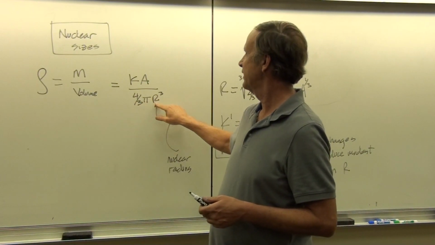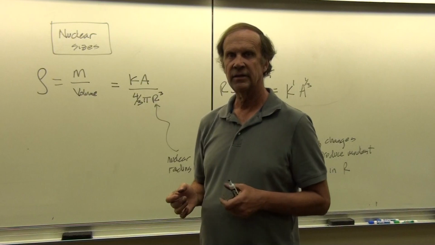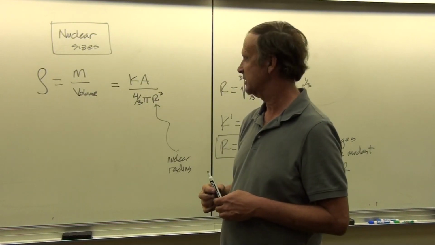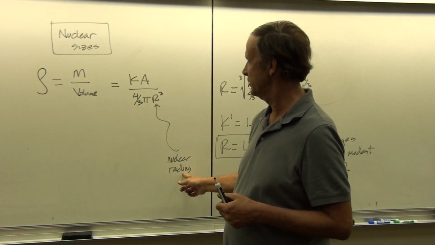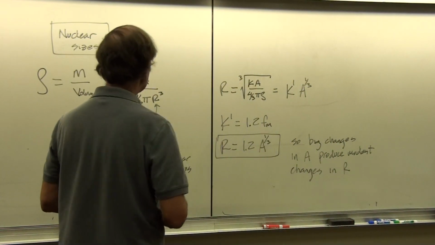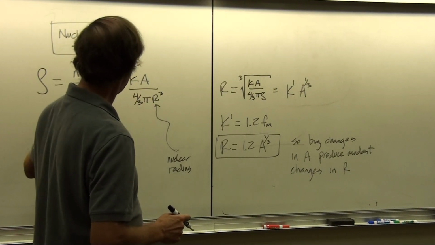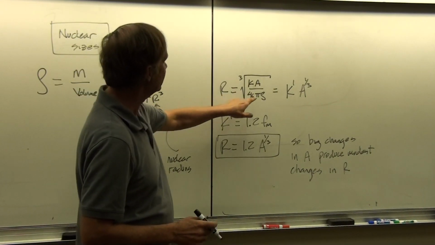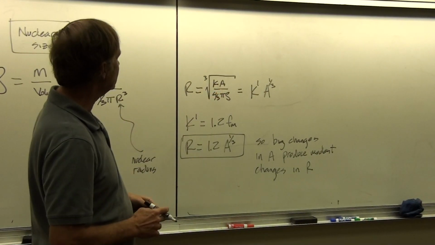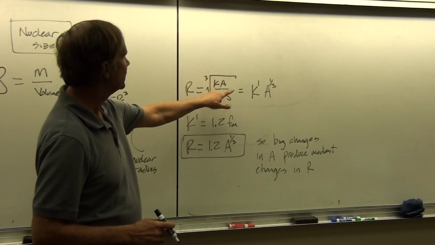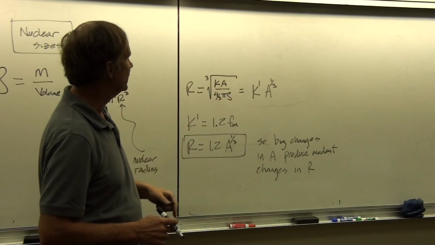And then this would be divided by the volume of a sphere that has a radius that's equal to the nuclear radius. So the nuclear radius is on the order of femtometers. And so if we take this equation and solve it for r, we see that r is related to the cube root of all these other things, k A divided by 4/3 pi times the density.